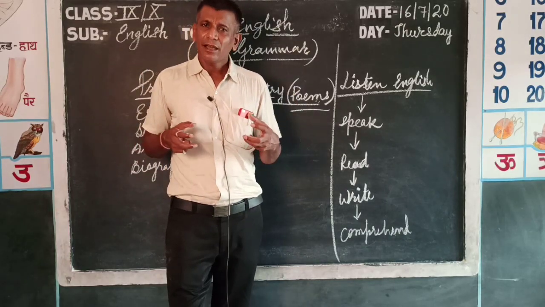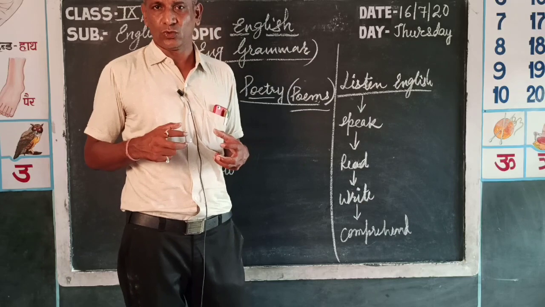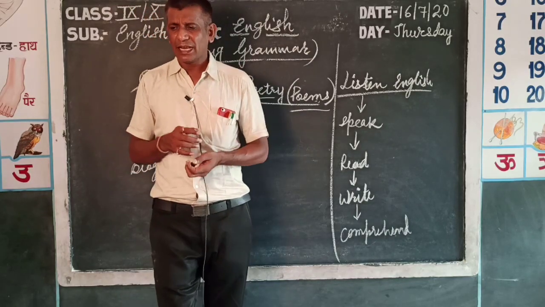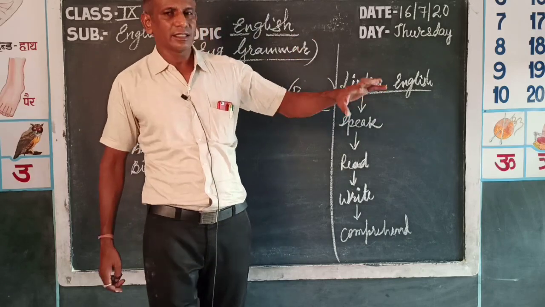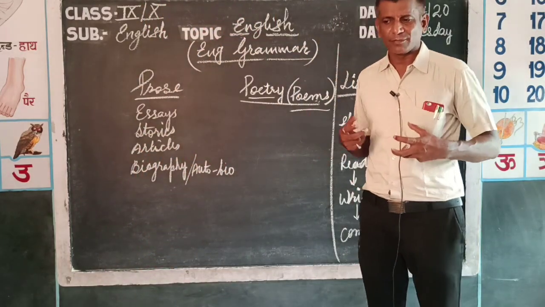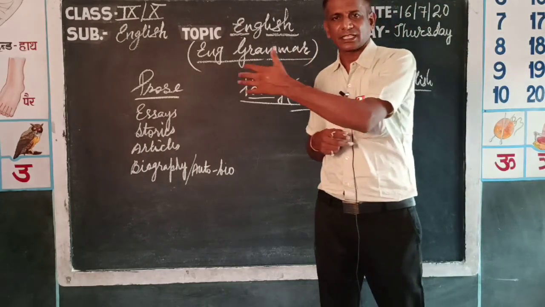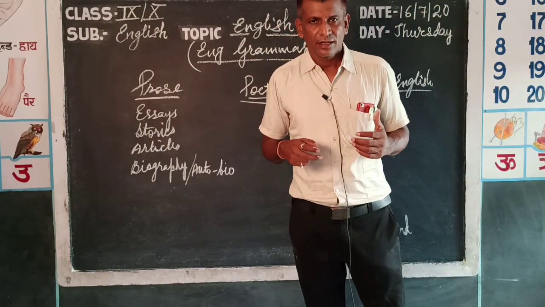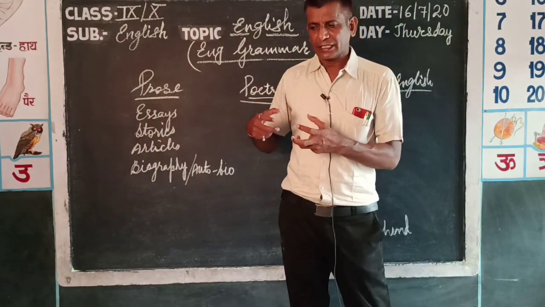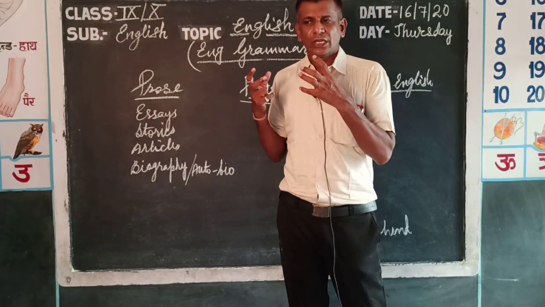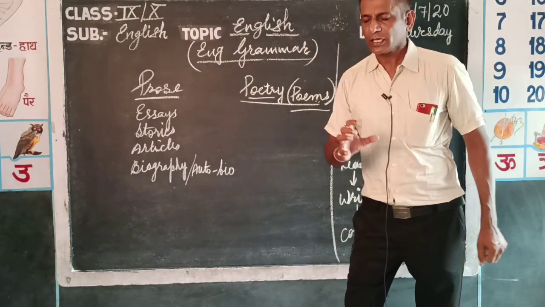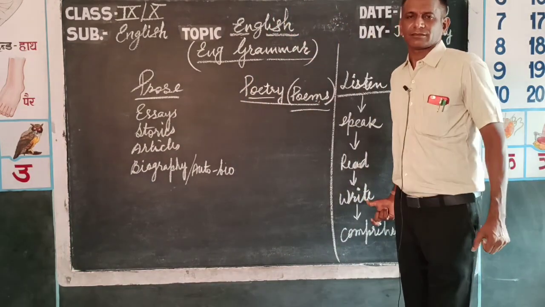Studying in an English medium school is not just studying the subjects in English, cramming them and jumping to the next class by passing. It means our objective must be to acquire the knowledge of English not only for writing.